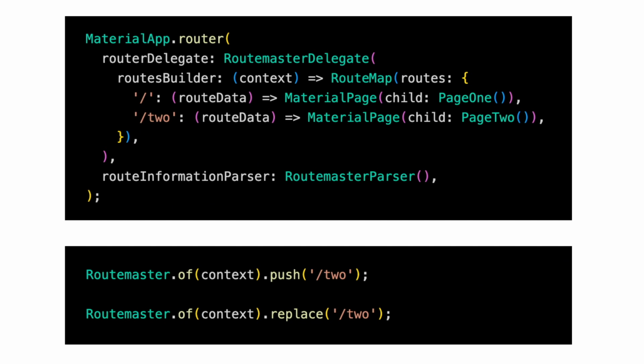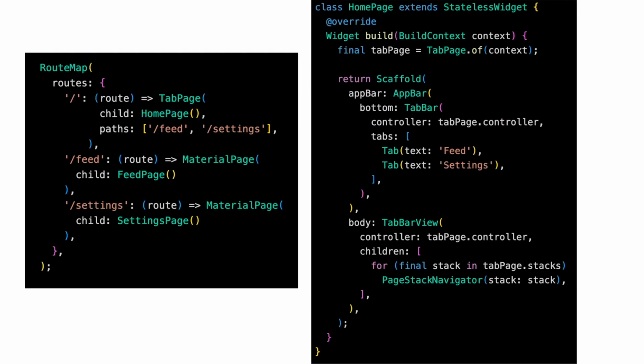And then with nested navigation, for instance, if you want a tab view, here is how you set that up in Routemaster. So on the left, you can see that there is a route map, which specifies a tab page with the child of a home page and the 2 different paths, which are the 2 different tabs. And then on the right-hand side, you can see the homepage widget itself, which simply defines 2 standard Flutter widgets of the tab bar and the tab bar view.